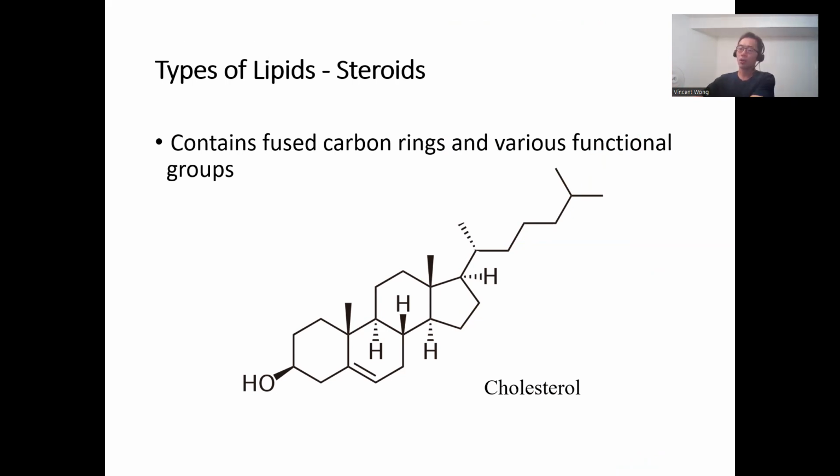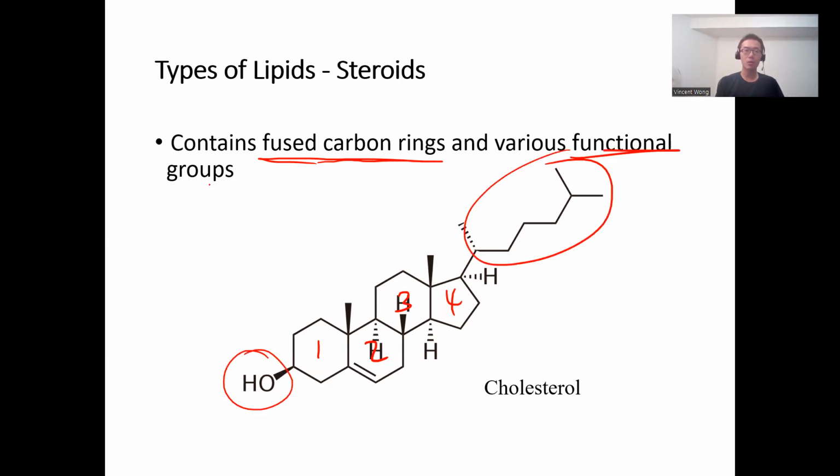Okay. So the components that make up steroids include 4 fused carbon rings. Each of these hexagons represents a carbon ring. So that's 1 ring here, 2 rings, 3 rings, 4 rings. And attached to the rings are these functional groups.